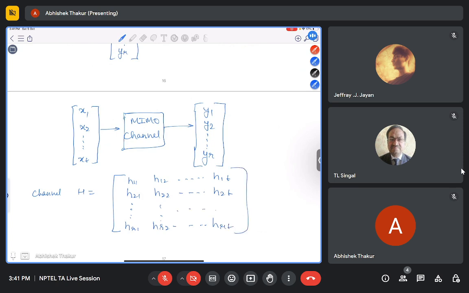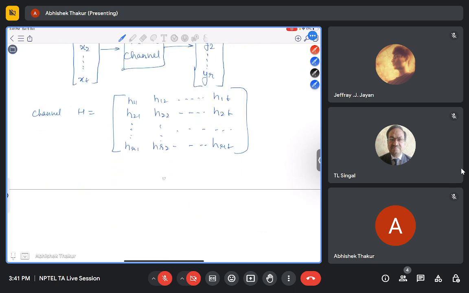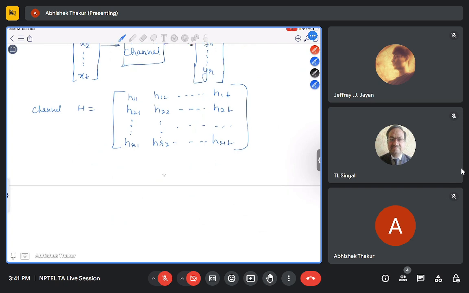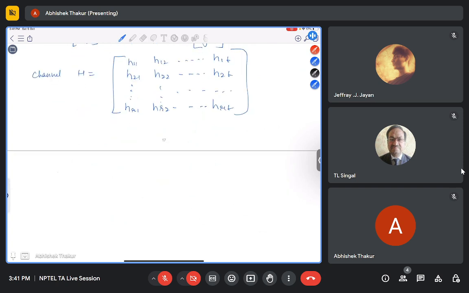So the number of rows will be the number of receive antennas, and the number of columns will be the number of transmit antennas. So finally we can write Y equals Hx plus N.